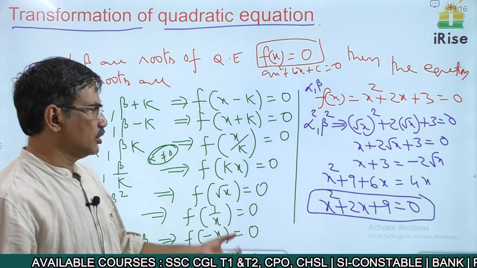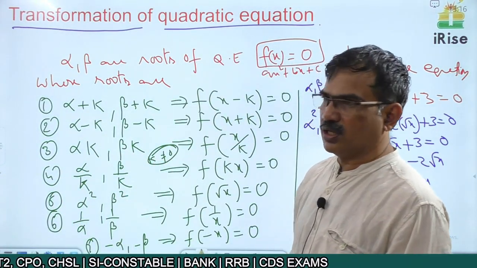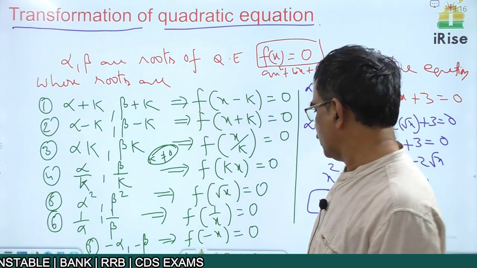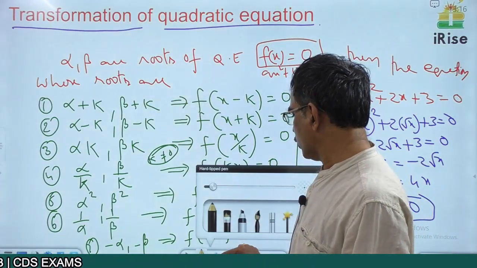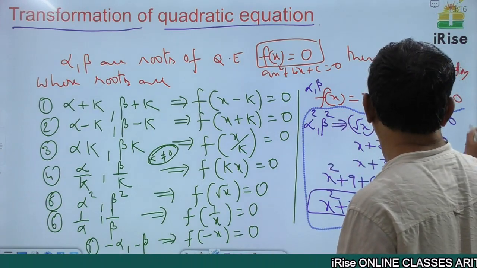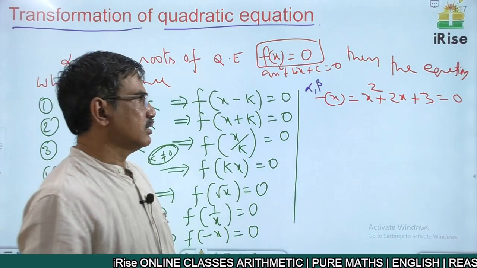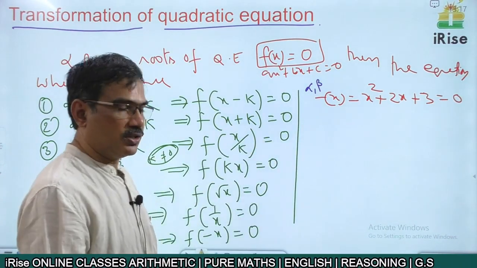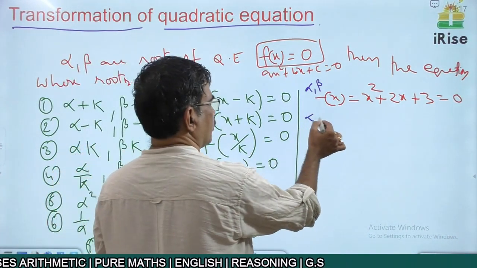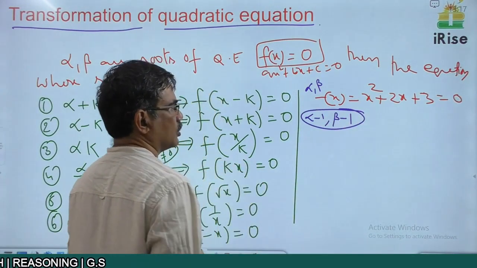This is only one example. Like this we can write any example. One more example I want to give. If alpha comma beta are the roots of this equation, if each root is decreased by 1, what is the new equation? Alpha minus 1, beta minus 1 are the roots of the new equation.